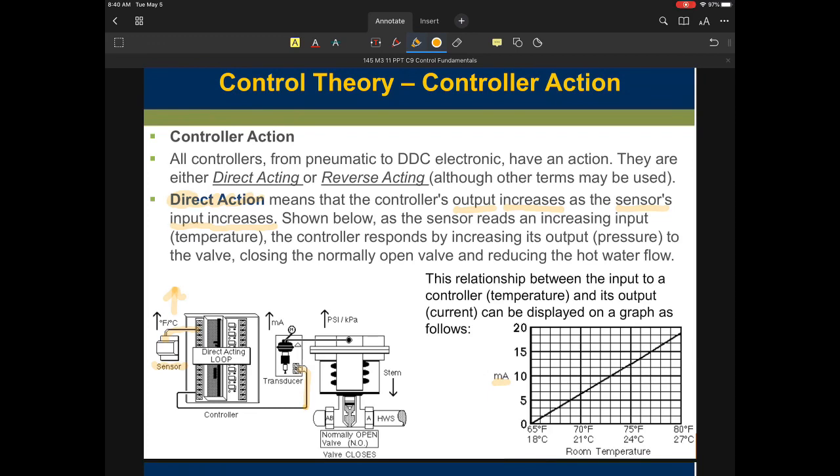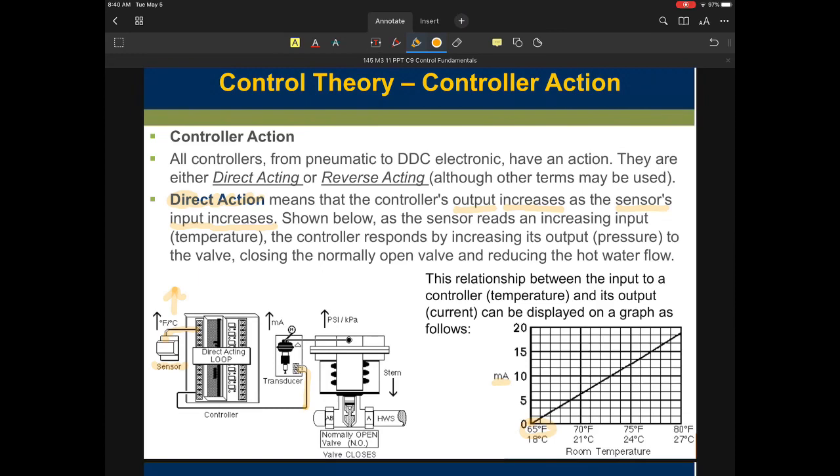So then the output would be higher. And this very well could mean that the voltage might be higher. In this case, the milliamps would rise up. So we're using an electronic controller that might be a 4 to 20, a 0 to 20 milliamp type of controller. So in my example here, we sensed that it was 65 degrees in the room.